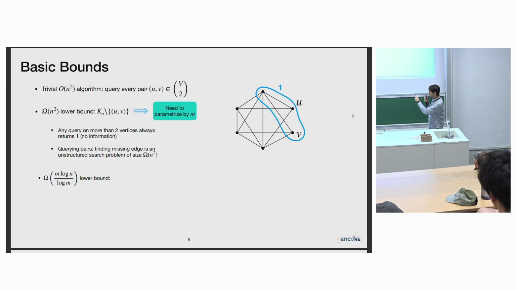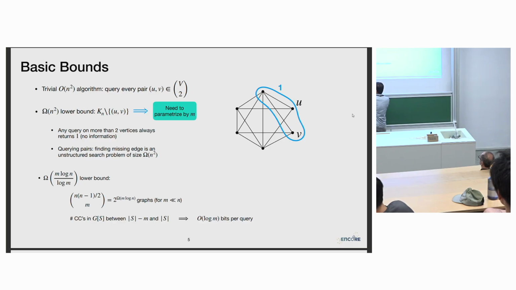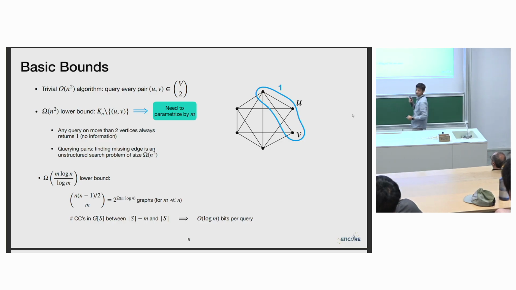But in the denominator, you can get log m, because you can argue that the number of connected components in any induced subgraph is between the size of the subgraph minus m and the size of the subgraph itself. Since there are only m options, you get that lower bound, m log n divided by log m.